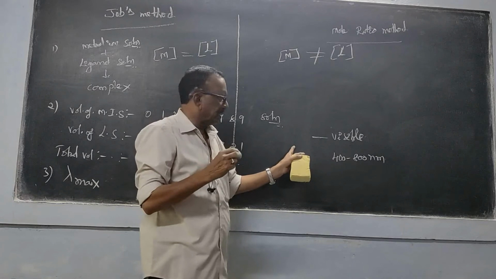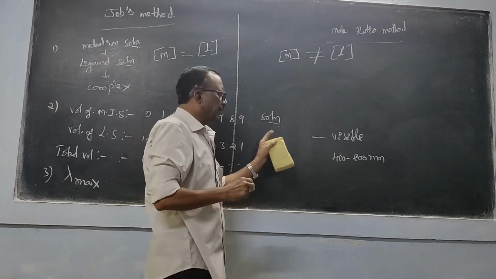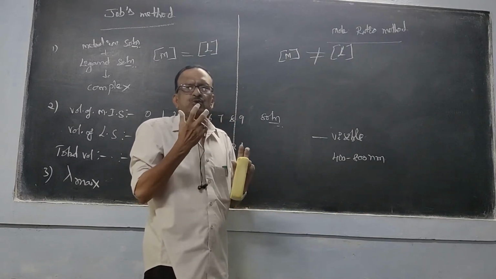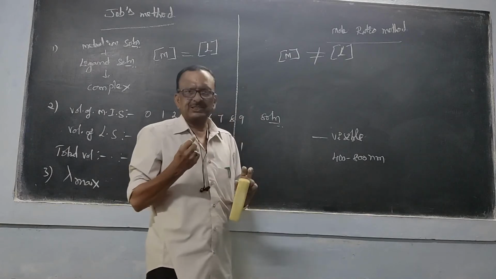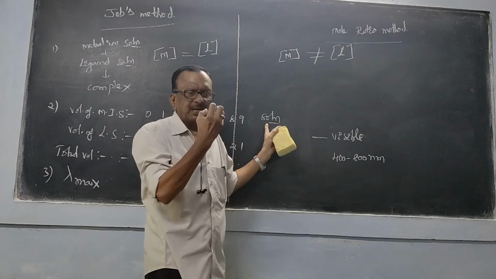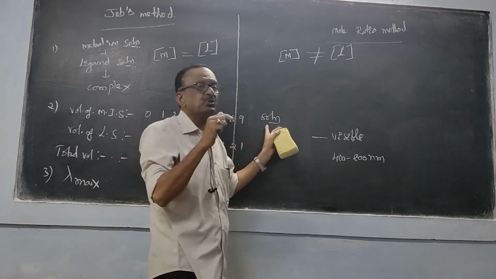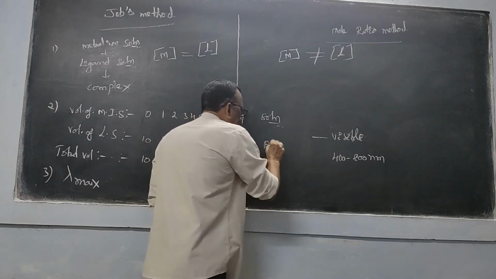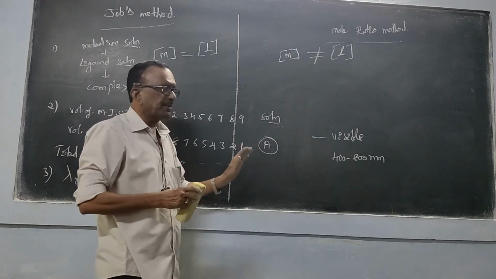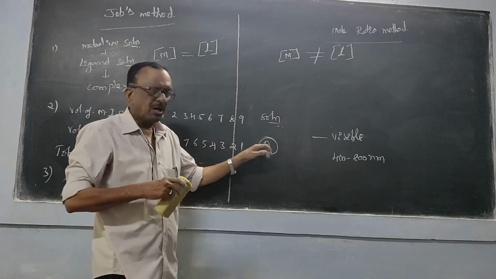Now we incident light on that particular solution. Every solution has the ability or capacity to absorb that light energy. A quantum of light is called a photon, so it will absorb the light energy. How much light energy has been absorbed is named absorbance.